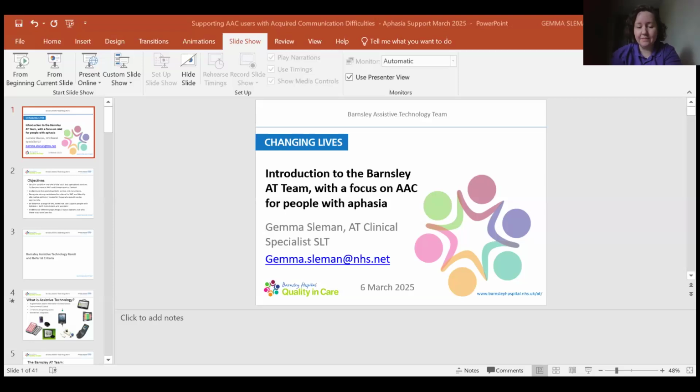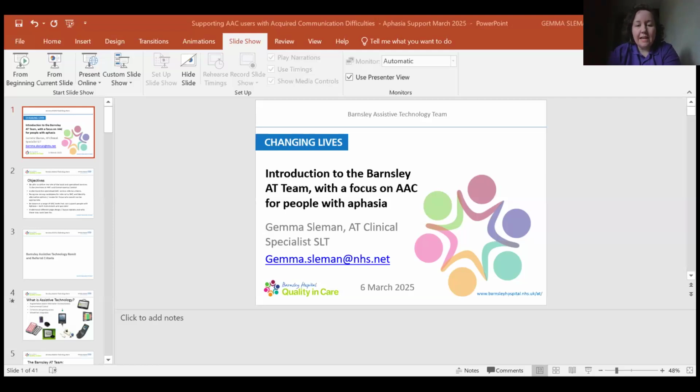Oh, sorry, the date is not correct. I will change that. So the objectives: to be able to define the role of the local and the specialised services in the provision of AAC and environmental control. So we'll very briefly mention environmental control too.